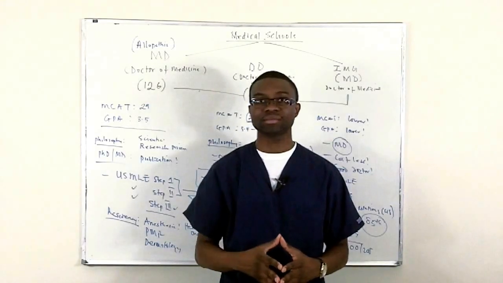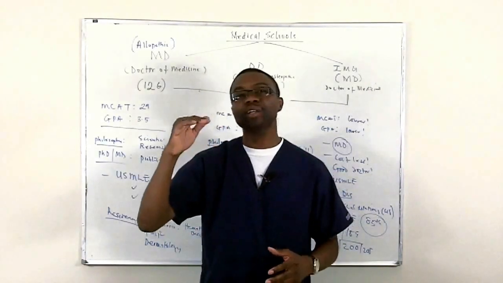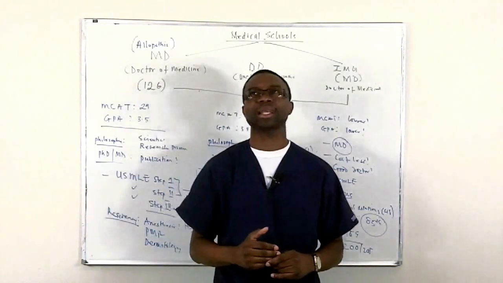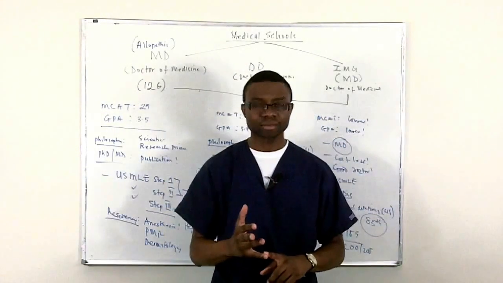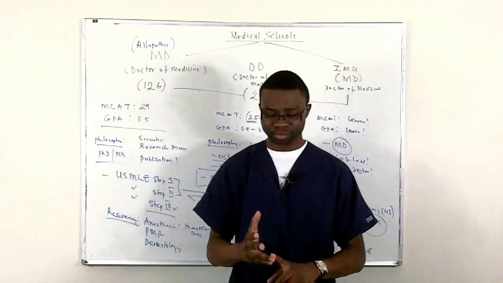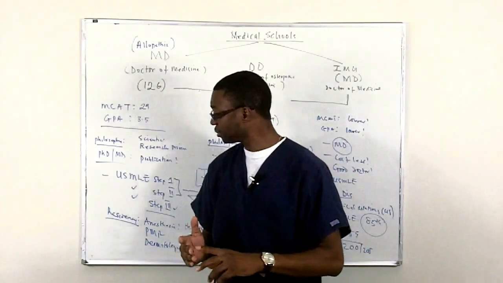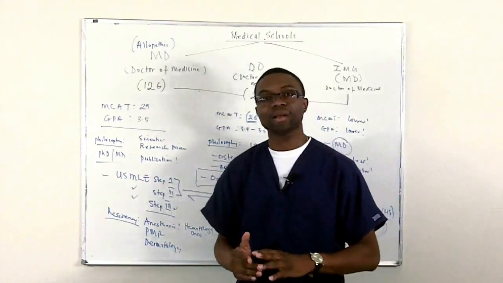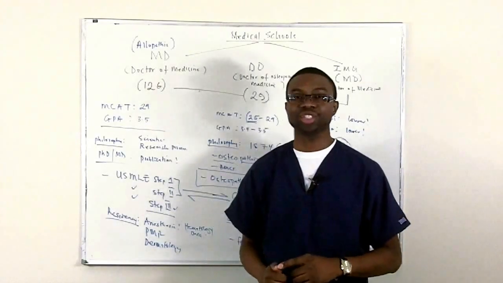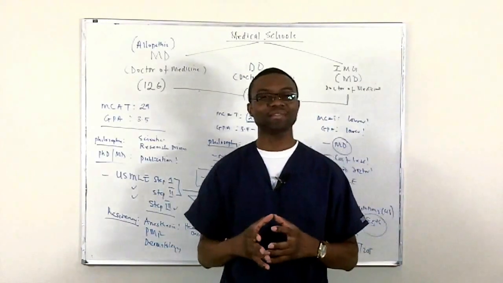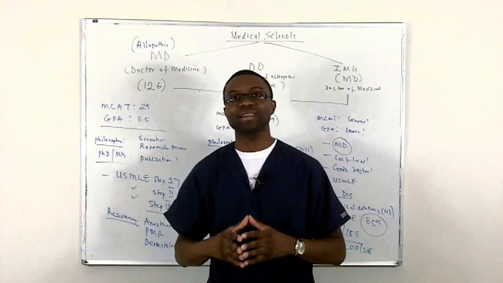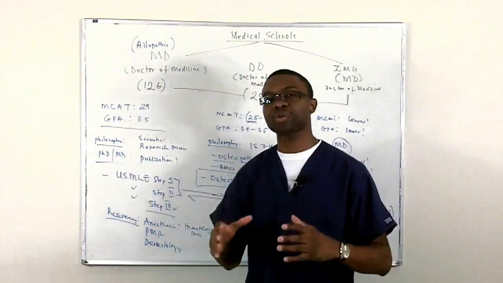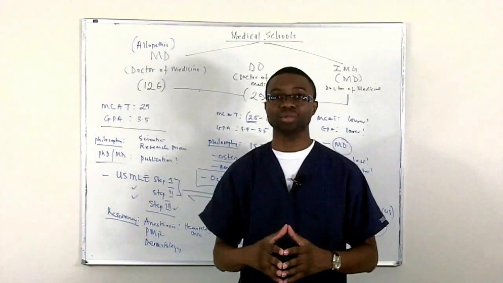There's also a caveat. The very, very, very super competitive specialties like ENT, general surgery, dermatology, urology, ophthalmology, those are very competitive residencies that only the top of the crop of medical school applicants actually get into.